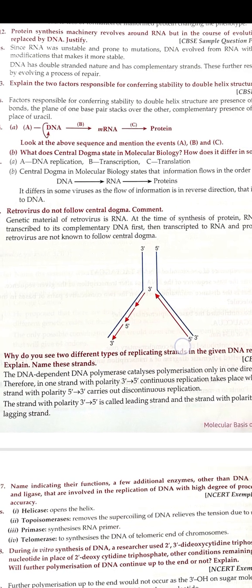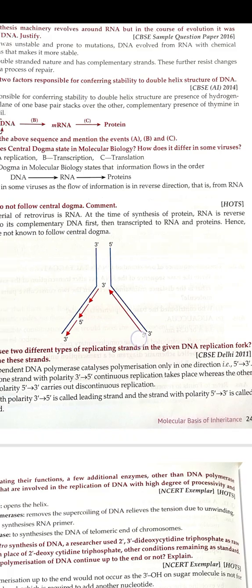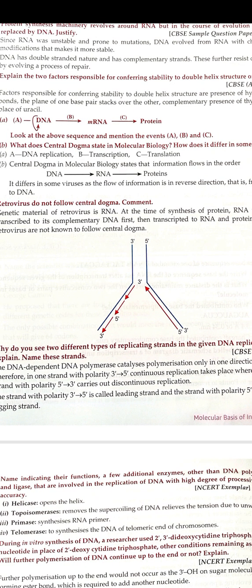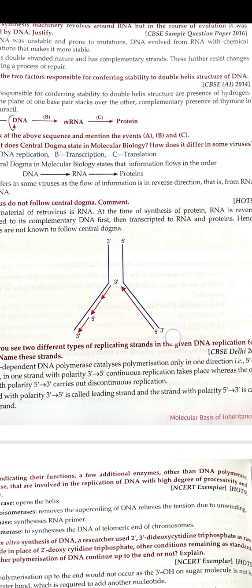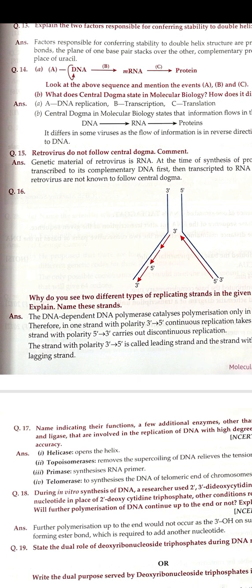At the time of synthesis of protein, RNA is reverse transcribed to its complementary DNA first, then transcribed to RNA and proteins. Hence, retroviruses are not known to follow central dogma. Okay, very simple.